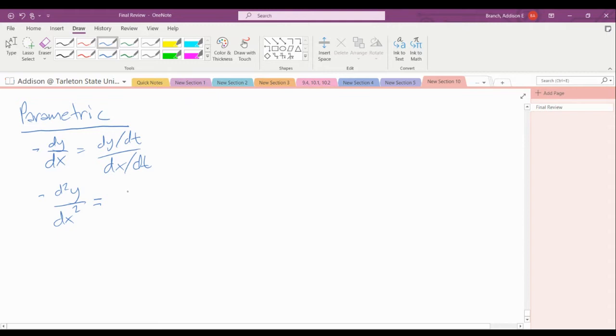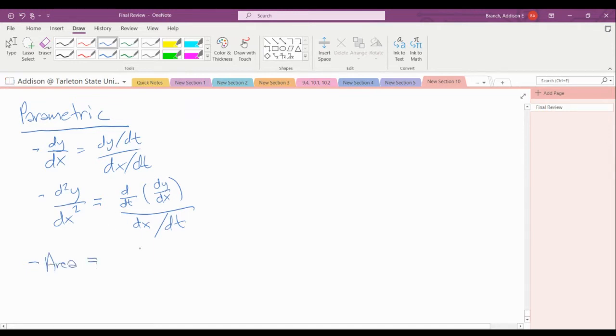For parametric, remember, the second derivative is going to be d/dt of dy/dx. So you're going to take the derivative with respect to t of your first derivative and then divide by dx/dt. Area.